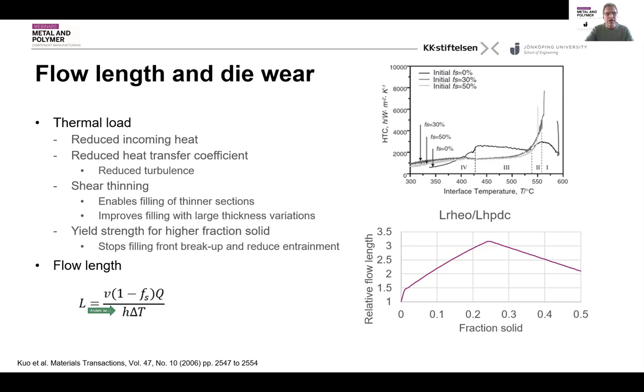So if you run at the same temperature differences and you run at the same speed, you would have a flow length that would increase with your solid fraction. Exactly how this curve looks on the way up, we don't know. And where the peak is, we don't really know. But what is relatively well understood is that above 30% solid fraction, you would have a constant heat transfer coefficient. It's relatively independent. And that means that it will start to be reduced again in flow length because the heat that you carry in will be less.